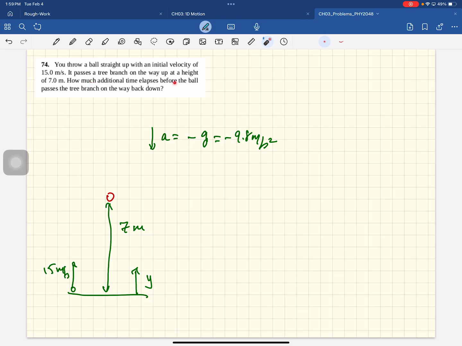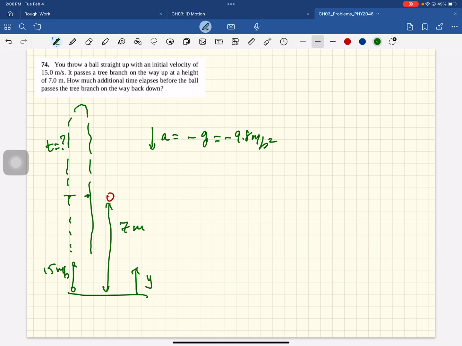How much additional time elapses before the ball passes the tree branch on the way back? The ball goes up and then falls back down. So what we want is the time spent above the tree branch.